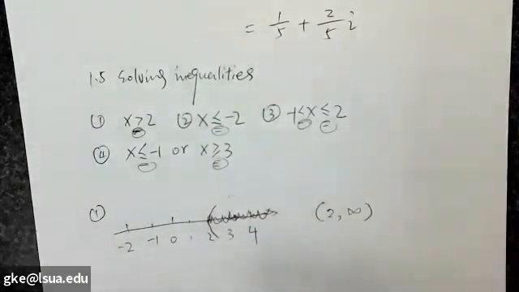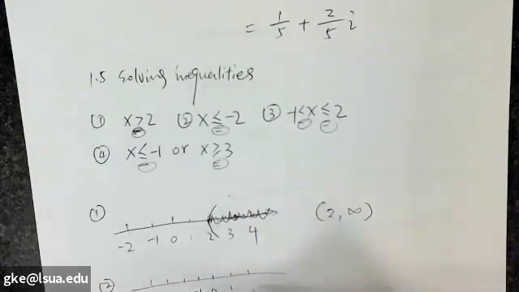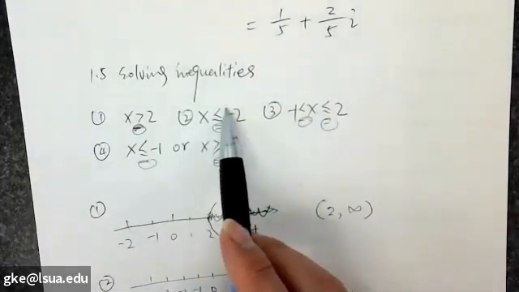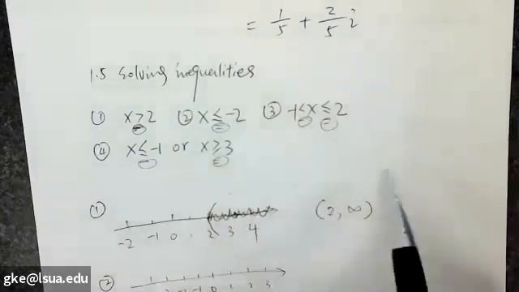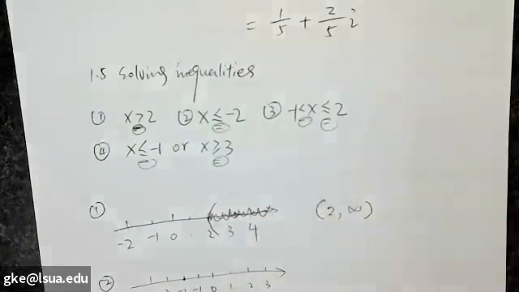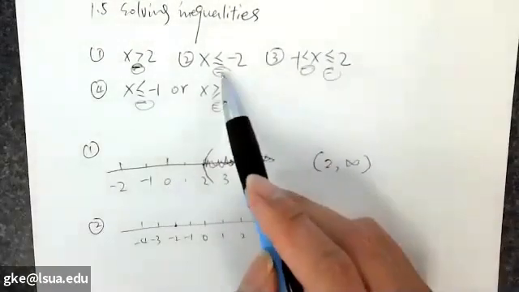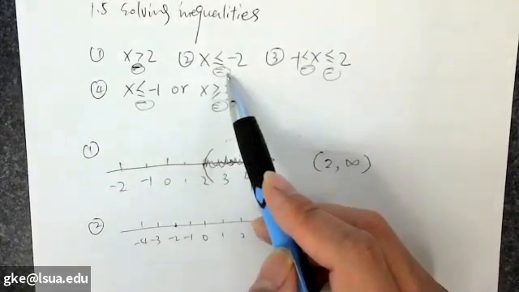Now let's continue with the second one. The same thing: -1, -2, -3, -4, 1, 2, 3. The second one is less than or equal to -2. The first thing you need to do is find the -2 here. It includes the -2, because here we have equal to, right?